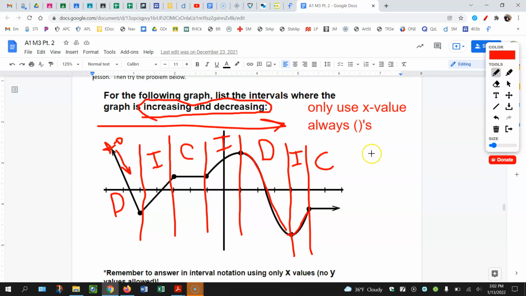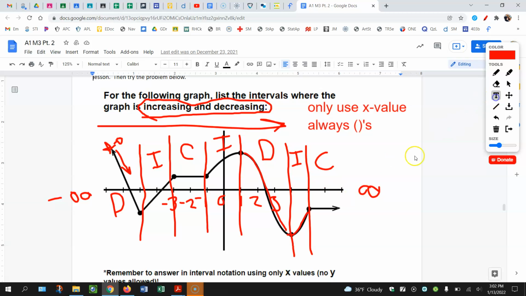I'll do them on the side here. This is going to be negative infinity over here, and this is positive infinity. And on the x-axis, 0, 1, 2, 3, etc., -1, -2, -3, etc.